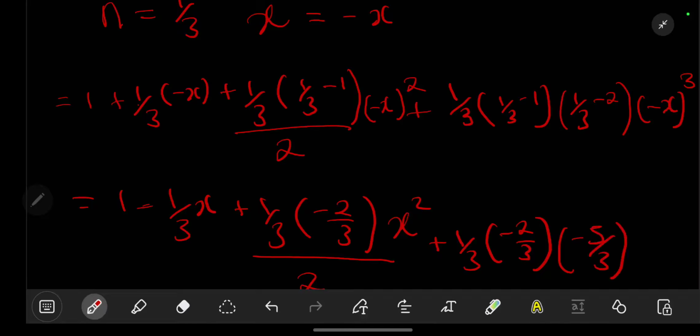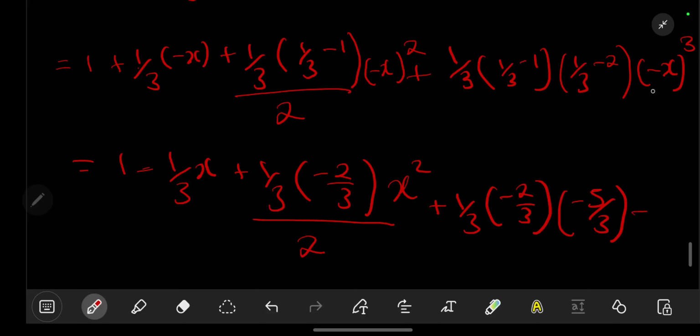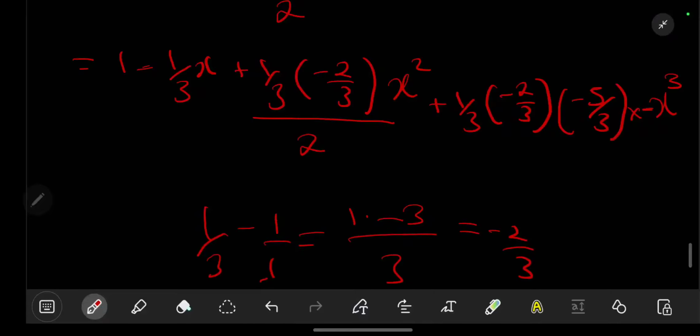Then we have our negative times negative x to the power 3. It will be negative x to the power 3. Now we just need to be careful. We are not subtracting, we are multiplying. So let me just say times negative like that. So these are our terms.